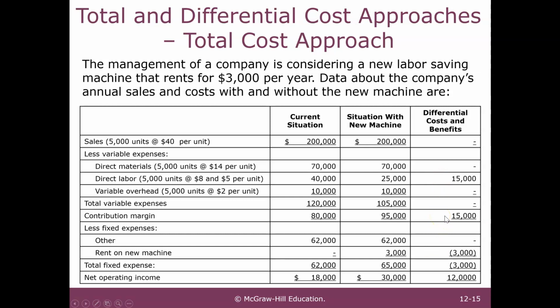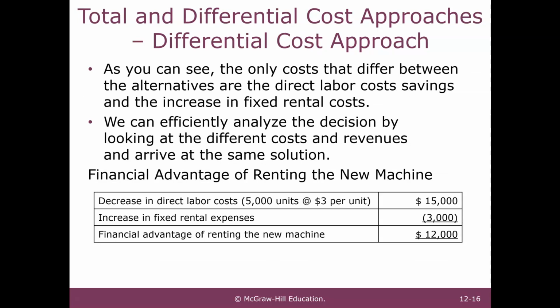If you take the $15,000 contribution margin differential benefit and subtract the $3,000 rent on the machine, we get a net operating income increase of $12,000 if we choose to use this new machine.